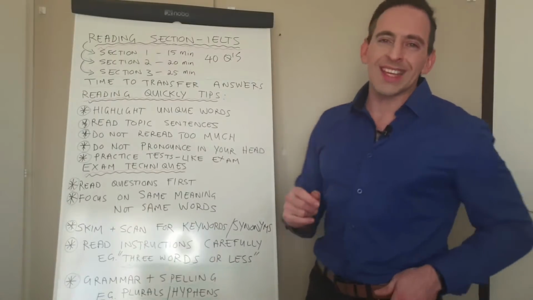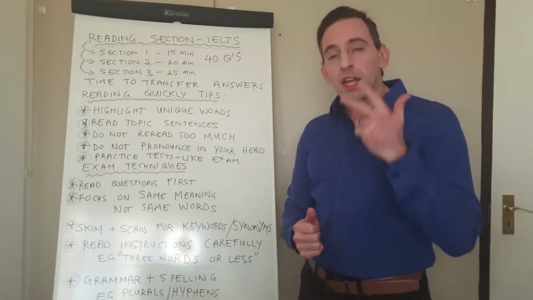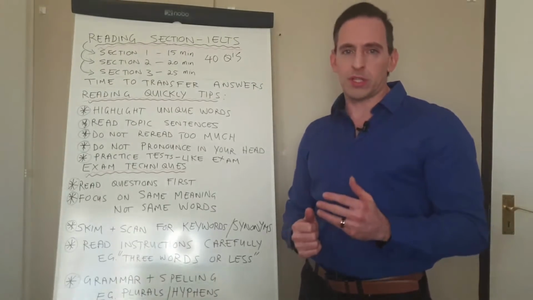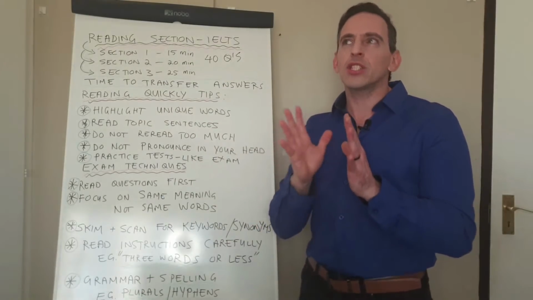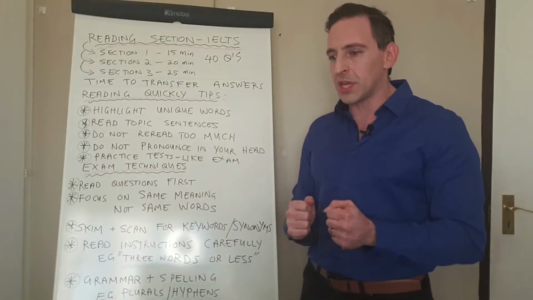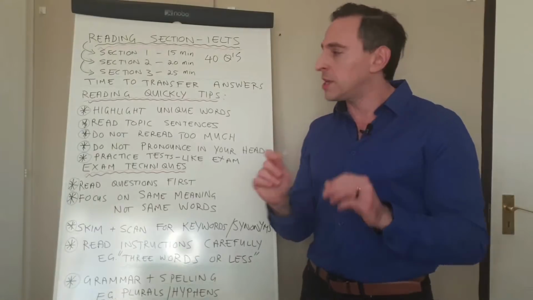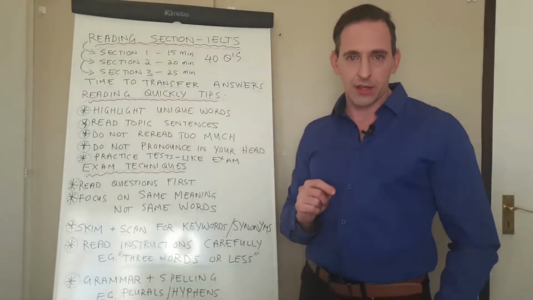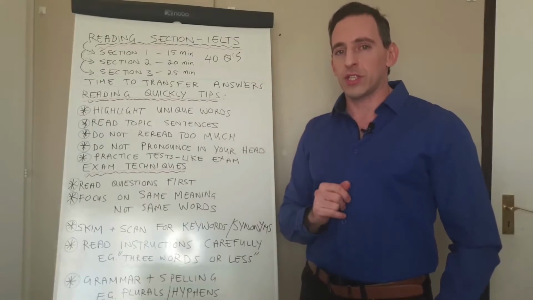Unique words are things like names, places, dates, times, numbers, quotes, anything strange, any strange word, if they are describing an animal or a company or a type of clothes, anything strange and unique, you want to highlight it. The chances are those are what are going to be in the questions.